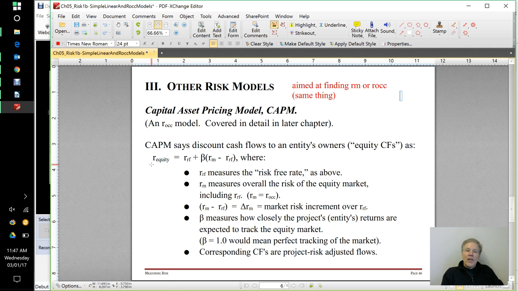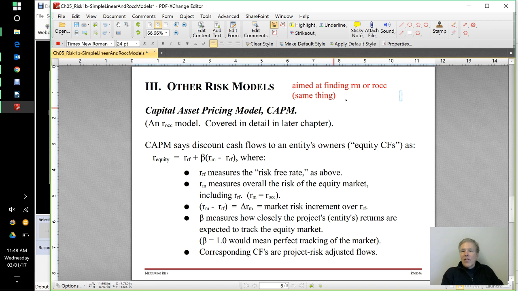So what it says is our equity, the return for equity holders, is equal to our risk-free rate, same risk-free rate we've been talking about before, which is from treasuries and includes interest rate risk and inflation risk and a very small probability of treasury default risk, plus a constant called beta times RM, there's our market, minus RRF.